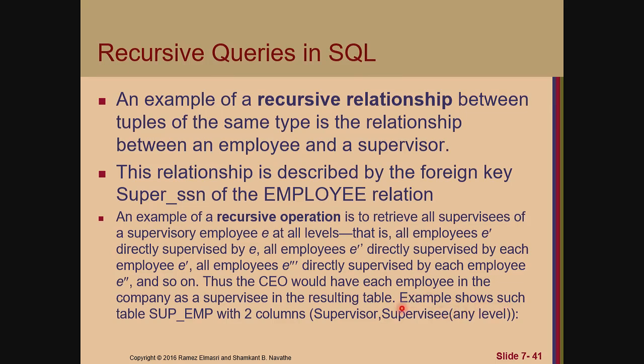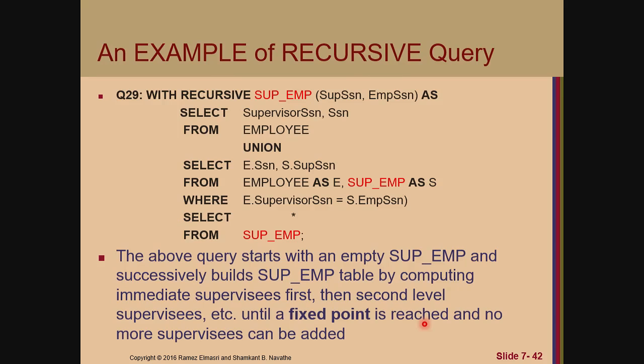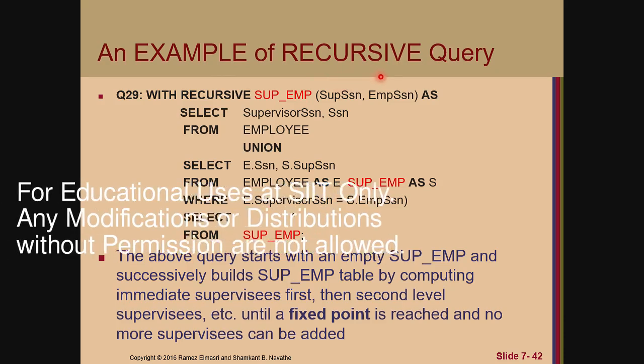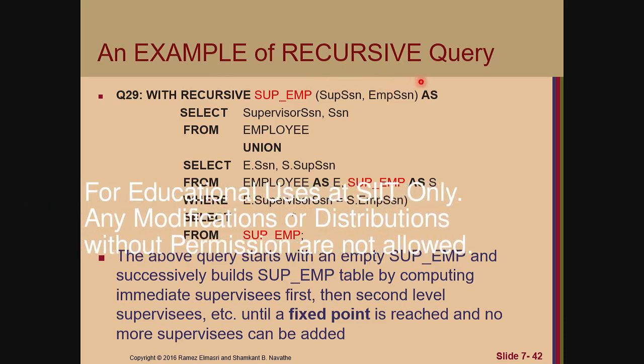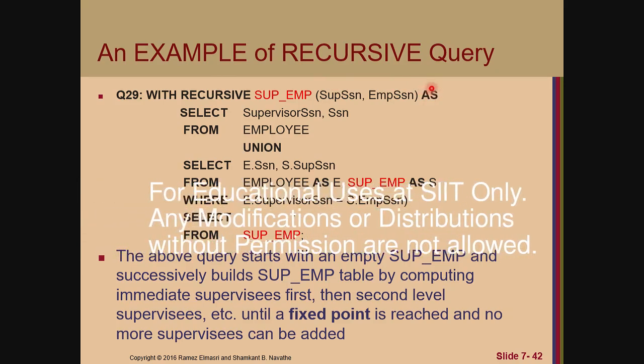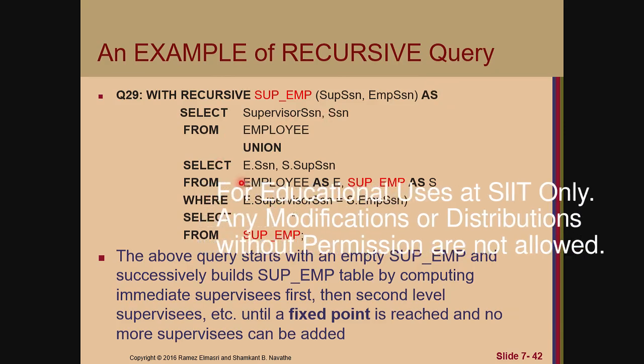The example shows such a table, SUP_EMP, with two columns, supervisor and supervisee, any pair, any level. So we use here WITH RECURSIVE SUP_EMP, we show SUPSSN and ESSN.